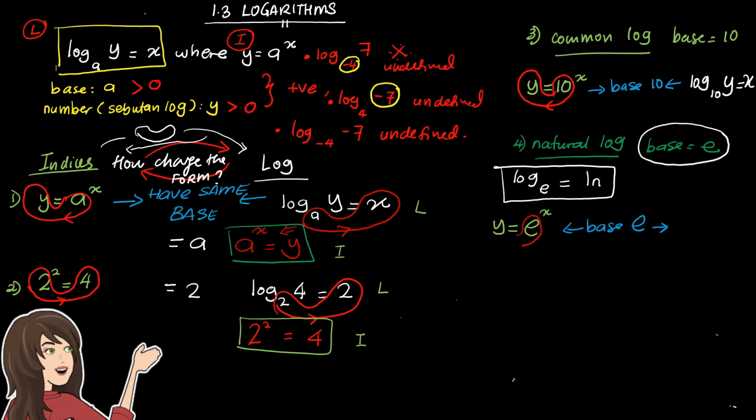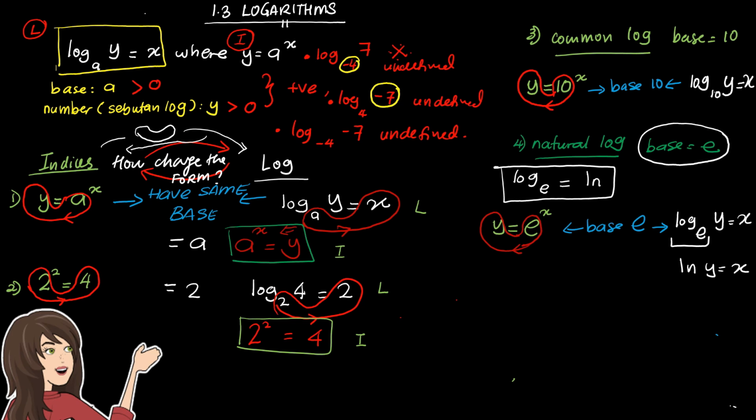You punya E dulu. E will be with y. Alright. So base E. So we write log base E. And we have y equal to the power x. Okay. You can rewrite them because log base E is ln y equal to x.